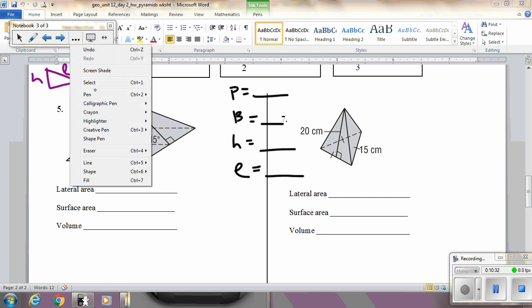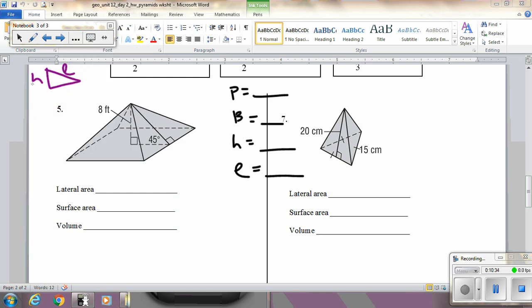And it's showing that our 3D height is 8. And that's across from 45. So that means these two angles are congruent, so these two sides are also congruent.